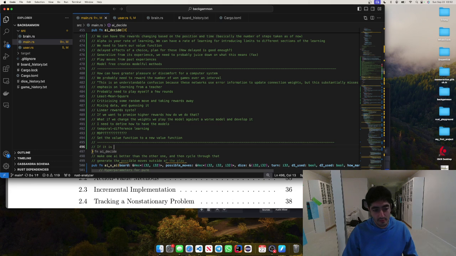If it is losing, then it needs more. If it's losing, then it's more punishment. Exponential punishment.